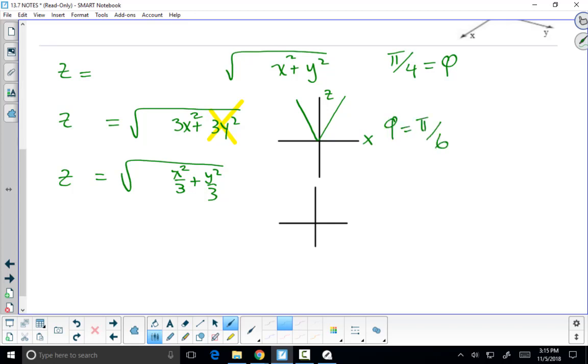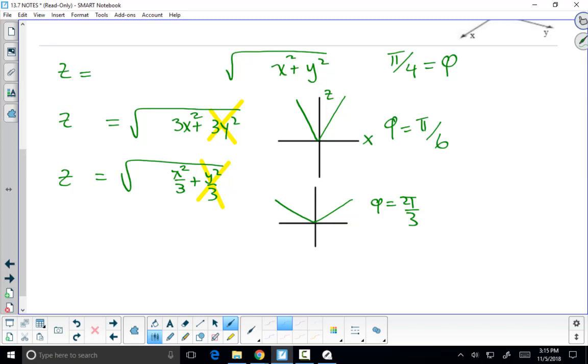And down here, if you let y be 0, you get z equals the absolute value of x divided by the square root of 3. That's going to be a less steep cone, where phi is going to be pi over 3.